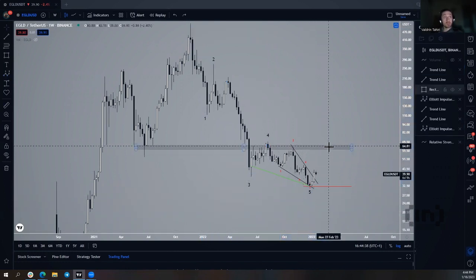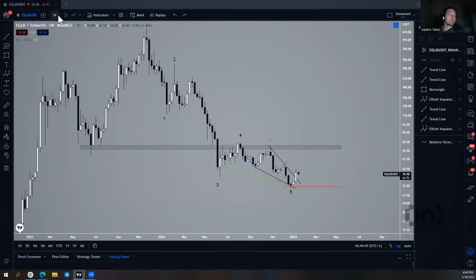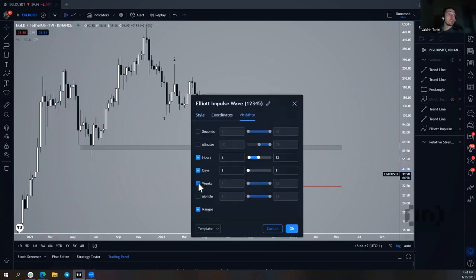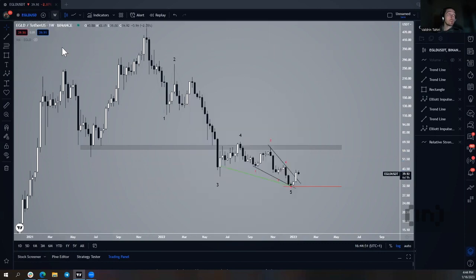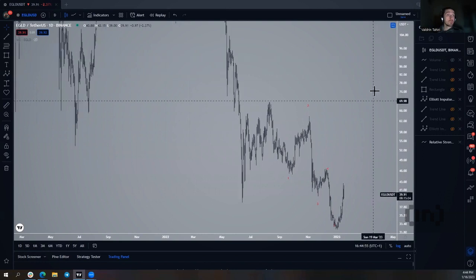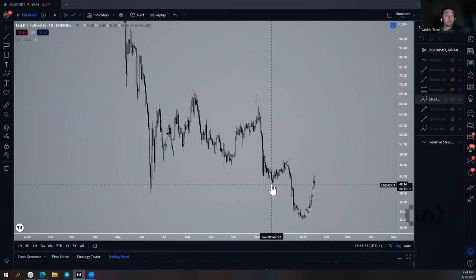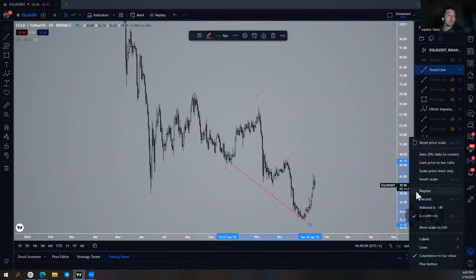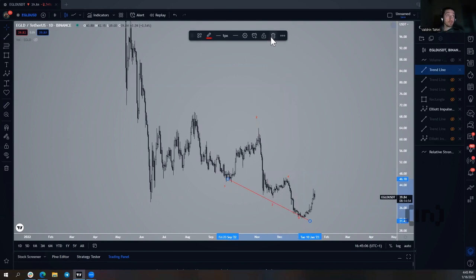Both suggest that we'll increase towards 65, so I don't think it's important right now to know which will be the correct count. And since we're breaking out from the wedge now, we can pretty much confirm this formation. As you can see, wave 3 is not the shortest. It overlaps with wave 1 and it has this wedge shape. So in my opinion, it's pretty likely that this is the correct count.